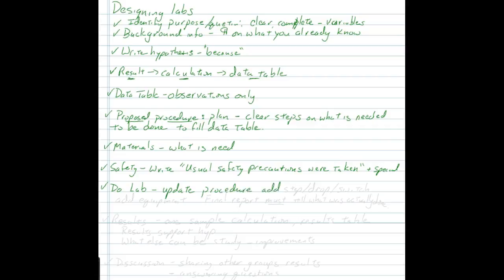You might have to add steps or drop steps, switch, if you had them in reverse order, add equipment, lab materials as you do it. The final report shows the actual.